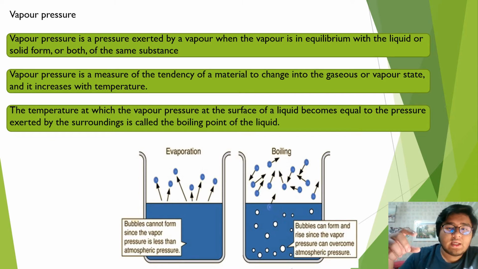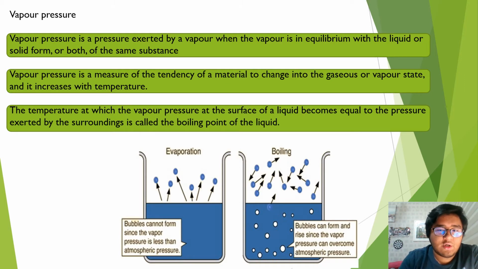So that's why water can evaporate and boil. They can boil and transform into vapor state because they achieve the boiling point. We can see this in the image.